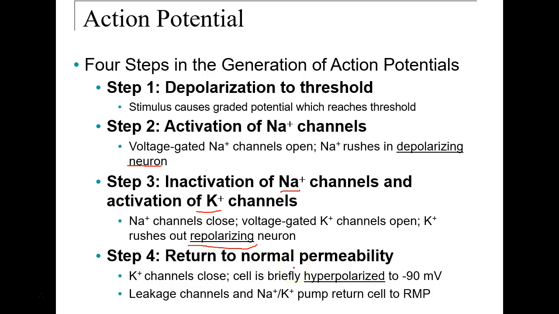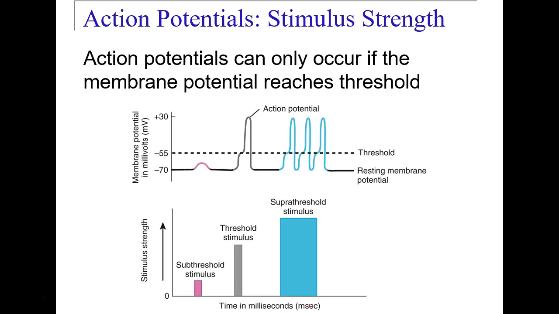Then when things try to turn back to normal, we have a brief hyperpolarization because of the potassium channels not closing quite quick enough. And this will allow leakage channels to take over and the sodium-potassium pump to return the cell to resting membrane.